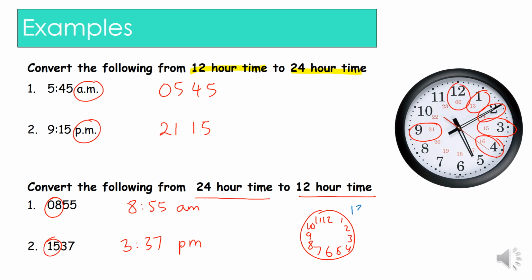So that would be 13, 14, 15, 16, 17, 18 and so on. So if you ever forget which is linked, you can always draw yourself a clock and help you convert the times.